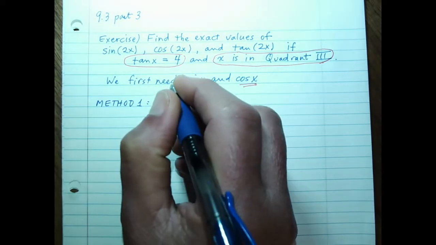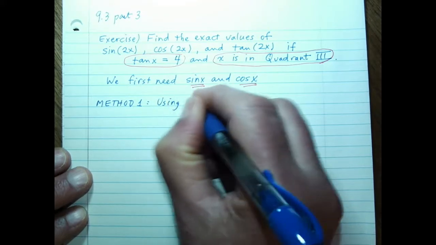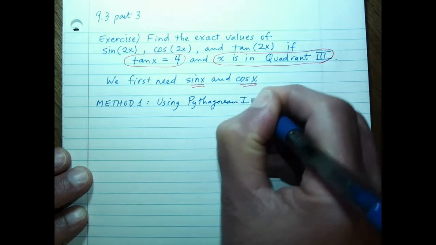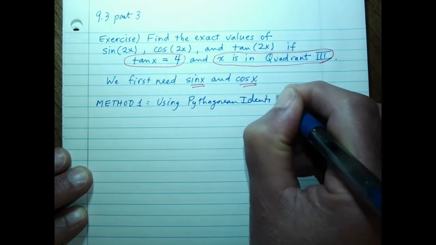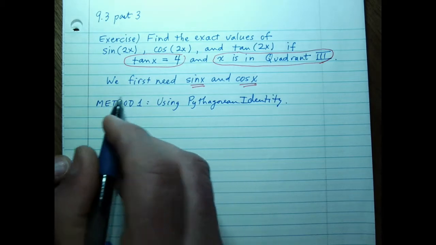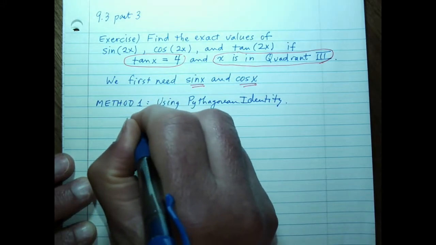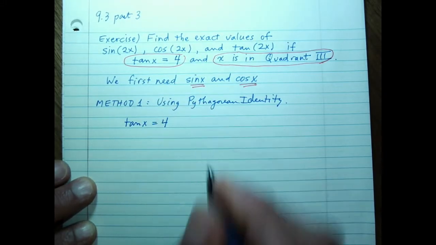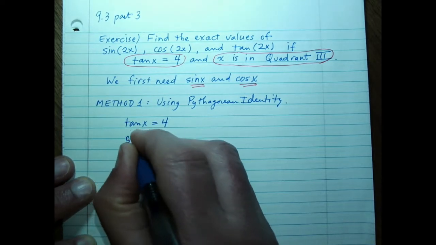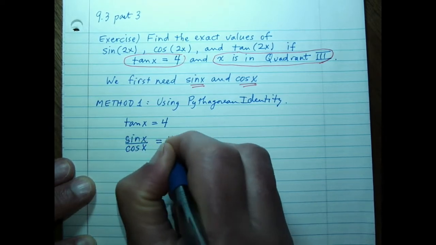And so our first method is using that Pythagorean identity, sine squared plus cosine squared is one. But now, wait a minute, we got tan x is 4. That's not sine or cosine. So I'm going to rewrite this as sine x over cosine x equals 4.